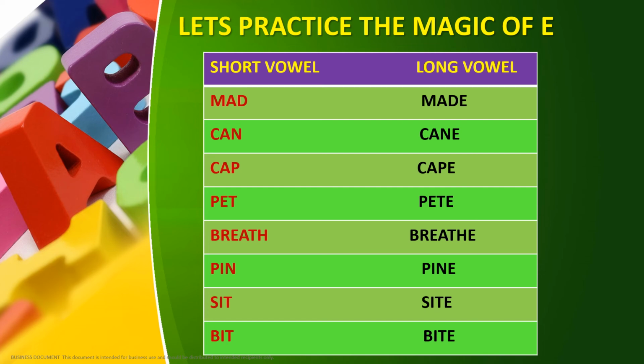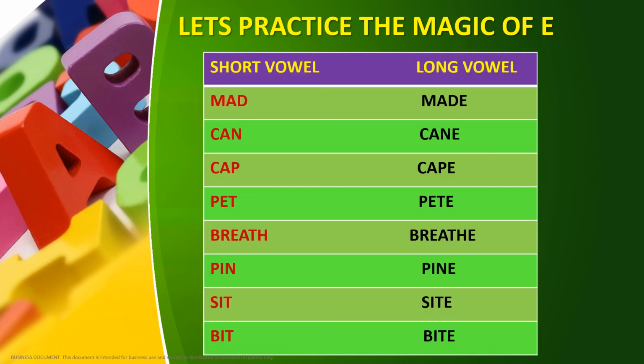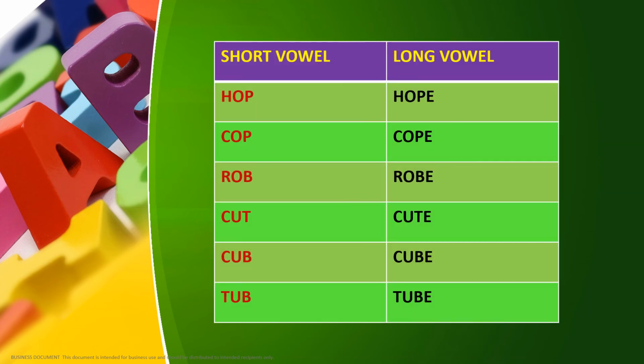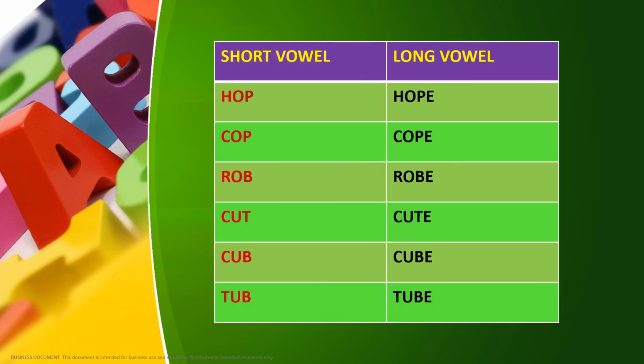Let's see some more examples. So let's see how hop becomes hope by adding a silent E. In hop, O sounds like O, hop. And in hope, O sounds like O. Why? Because there is a silent E at the end of the word hope.